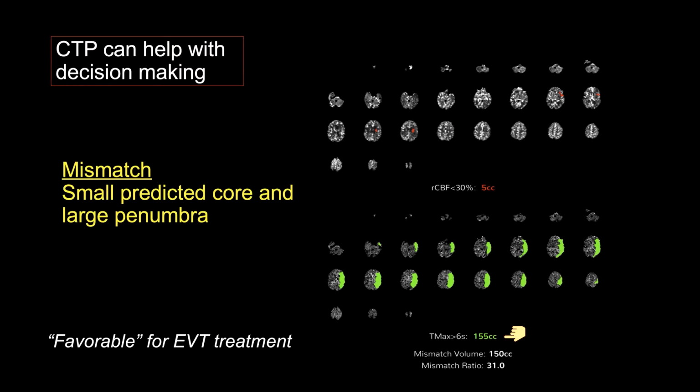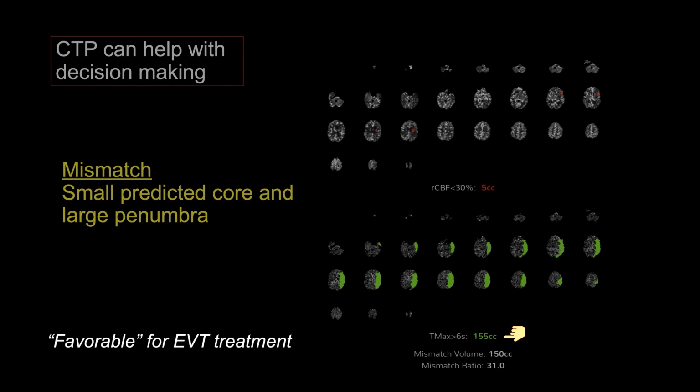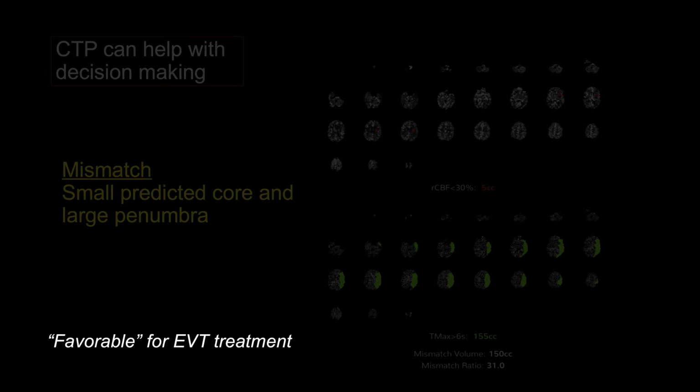If we use the Tmax greater than 6 seconds, there is 155 cc's of penumbra, which, if everything else is working for the patient, which means there is a large vessel occlusion, the timing is correct, this patient is favorable for endovascular treatment based on the CTP.